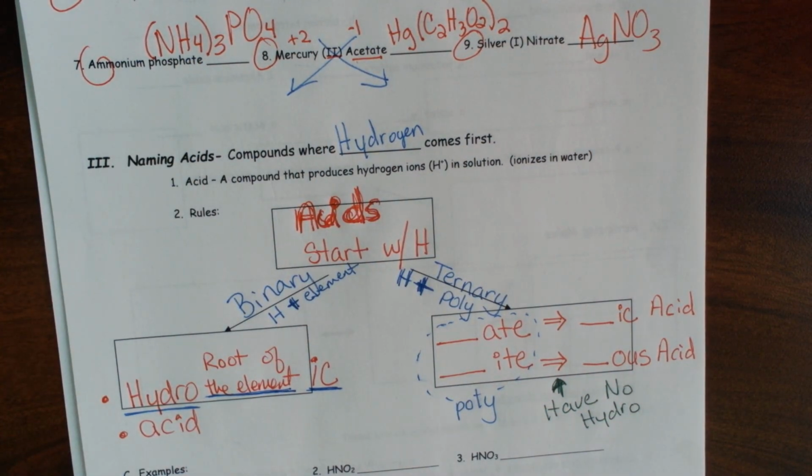We don't add any hydro. So, if it is a hydrogen plus one element, then you're going to name it hydro, the root of the element, and then ic. And then afterwards, the second word is acid that goes behind it at the end.